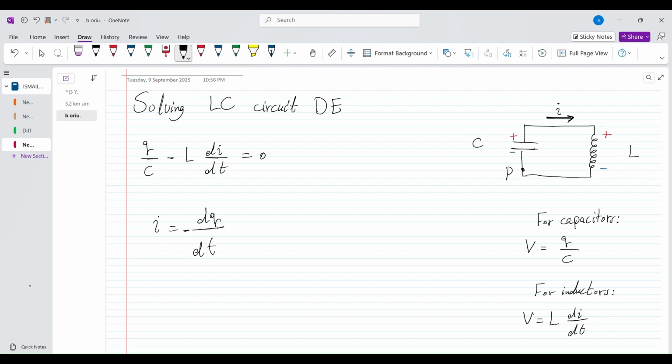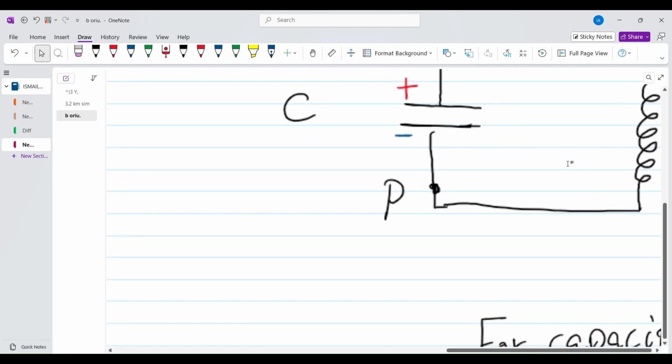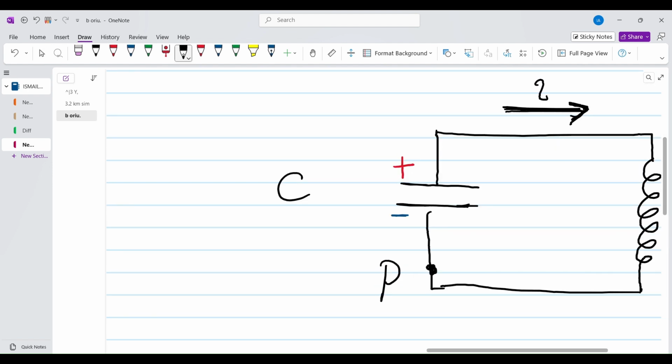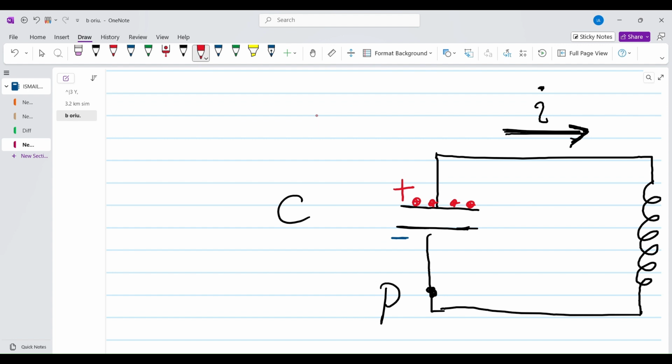And this implies that the charge of the capacitor is decreasing because there are positive charges literally going out of this plate. So if these are charges on the plate, when we have current i, these charges will be removed and move through these wires.